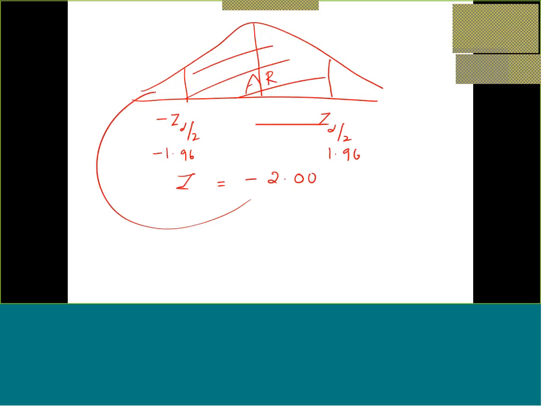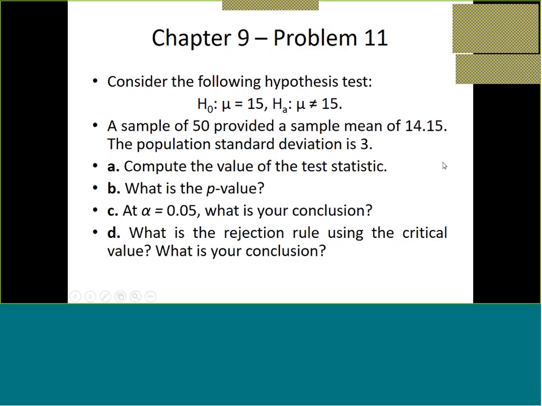This Z is falling here. So what happens? You will reject H naught. Correct? This is the method of solution for a given two-tailed test based on the critical value approach as well as the p-value approach.